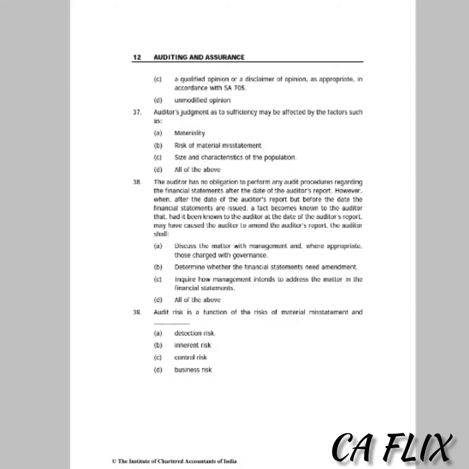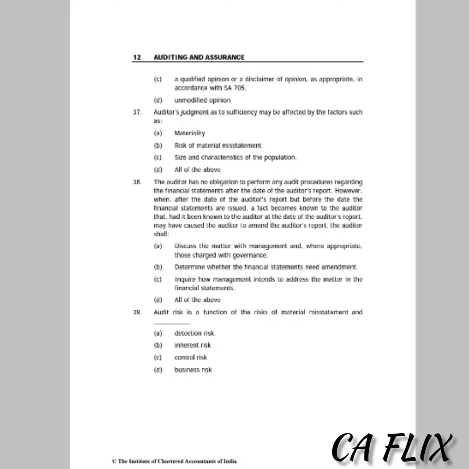Option B, determine whether the financial statement needs amendment. Option C, inquire how management intends to address the matter in the financial statement. Option D, all of the above. Answer is option D, all of the above.